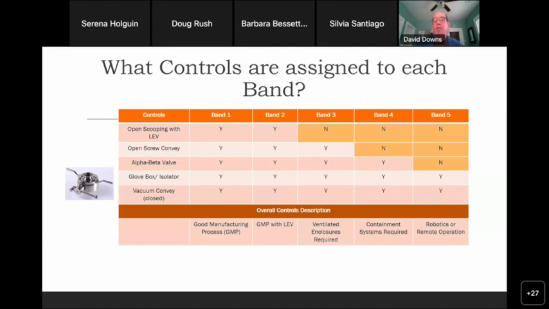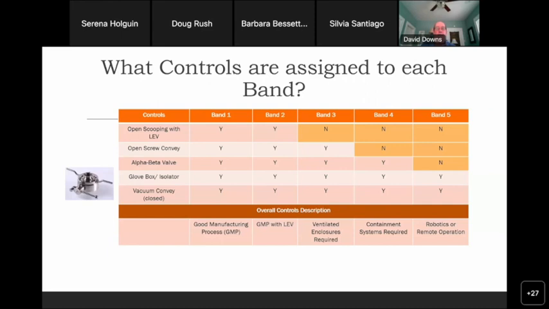How do you prevent exposure? So that may not be available for a band 5 material. Glove box or isolator can be highly effective, as well as vacuum conveying in a closed system for even high-level band 5 type materials. You can see a description of the overall controls at the bottom there.